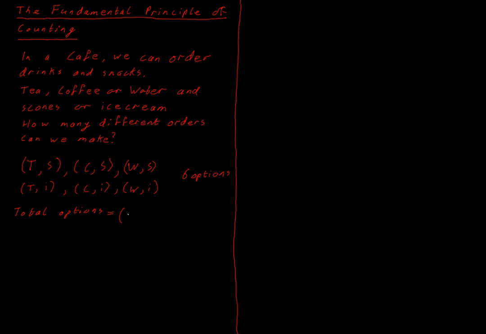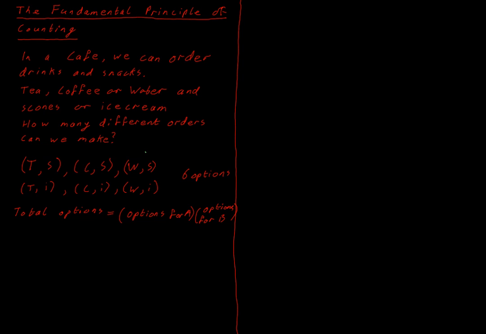So our number of options for our drinks, for A, multiplied by our options for B. And we remember that brackets mean multiply. So the total options available to us are the options for our first group of things, our drinks, multiplied by the number of options we have for the second group of things.